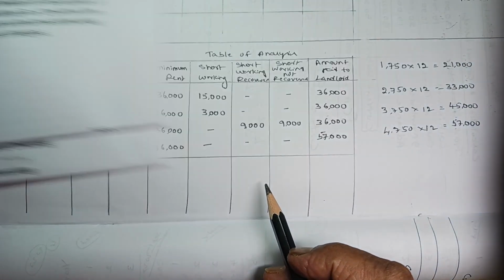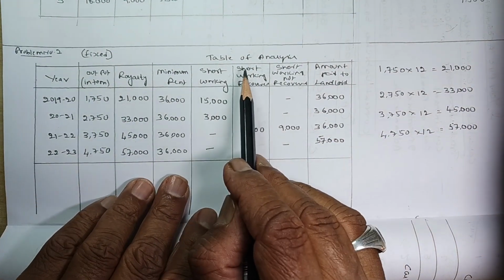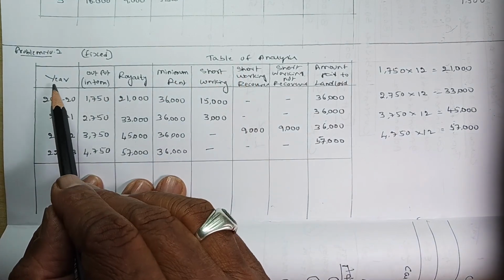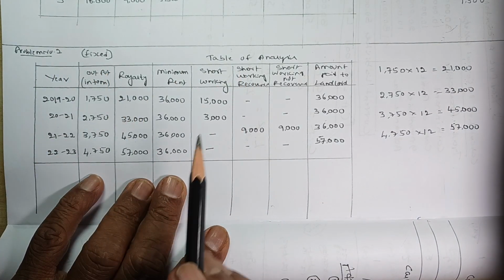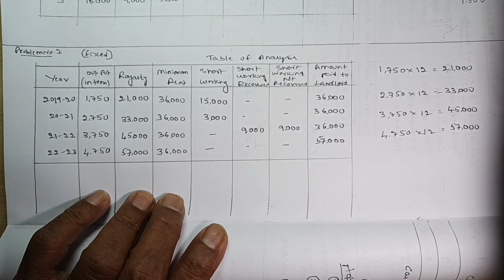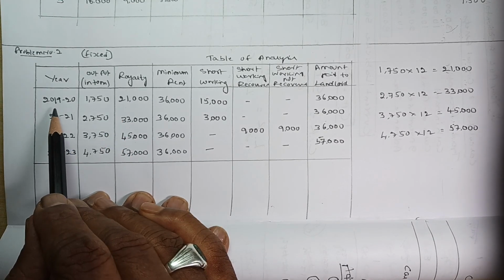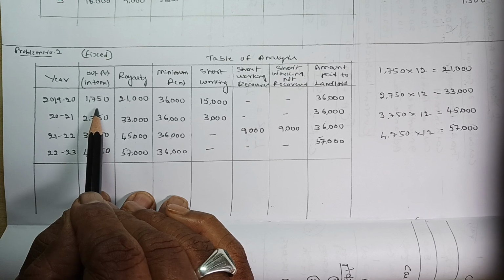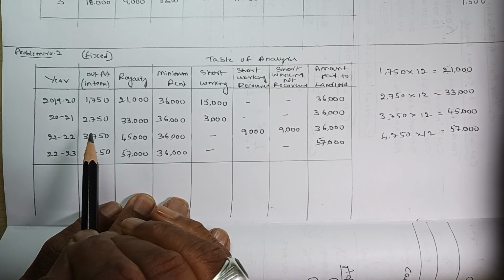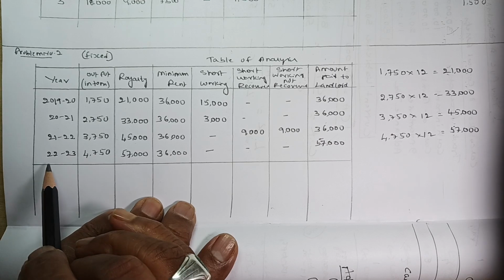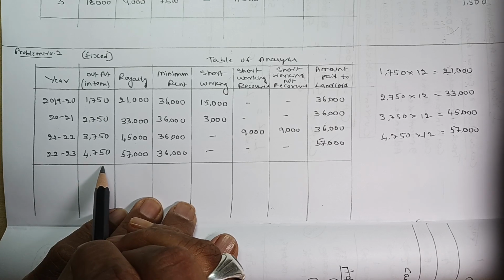So let us write the table of analysis. As usual, problem number 2, fixed. This is in the question paper not for 4 marks, it has been given for 5 marks in that year. 2019-20, 1750, 2020-21, 2750, 21-22, 3750, 22-23, 4750.